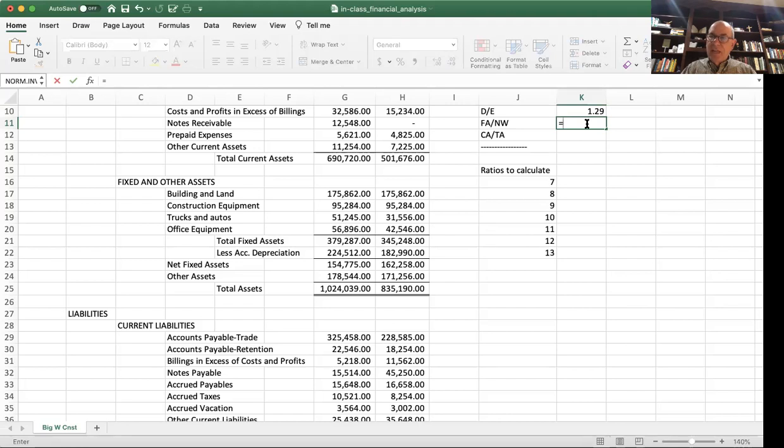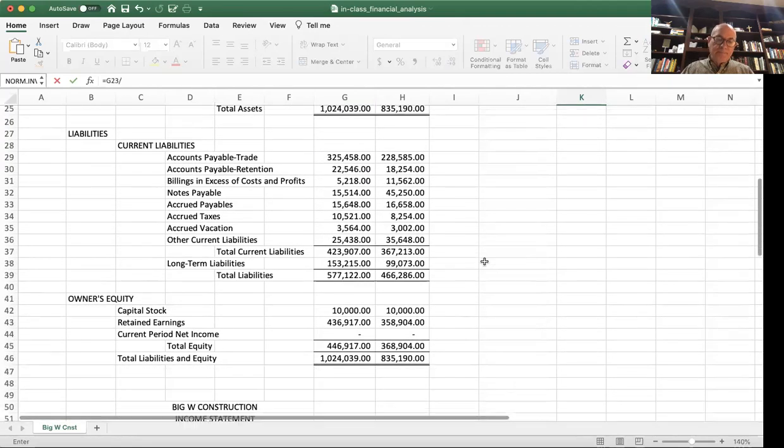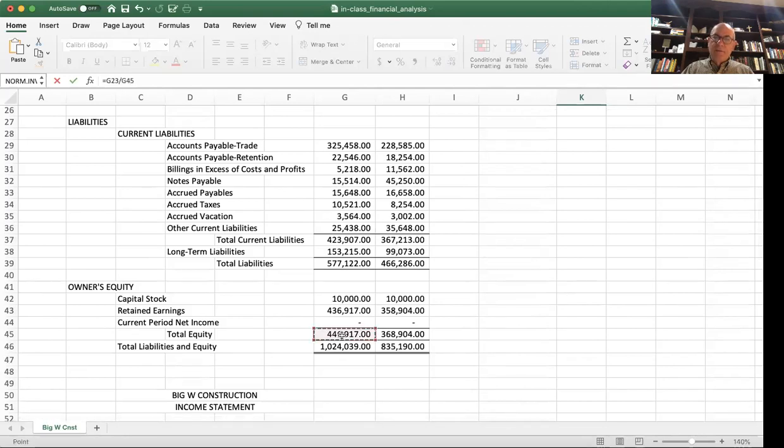That's very handy. Net fixed assets, they're in row 23. Net fixed assets will be 154,775. And then we divide that by our by now becoming familiar total equity.